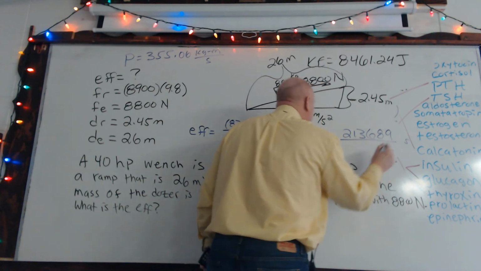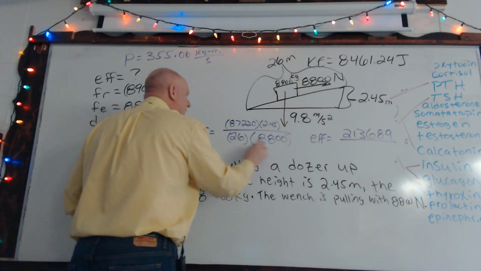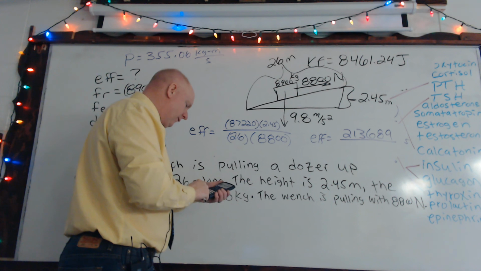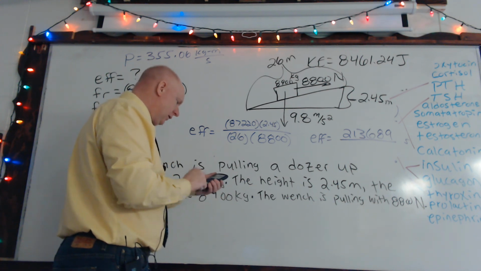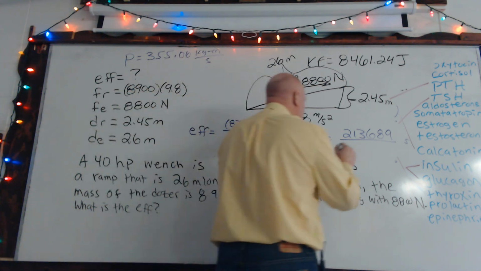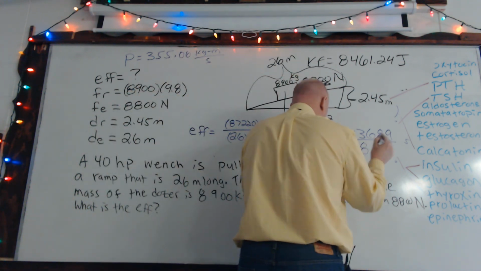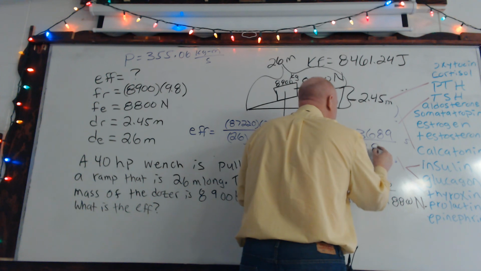Okay. So therefore, these two times each other, 8,800 times 26, is 228,800.